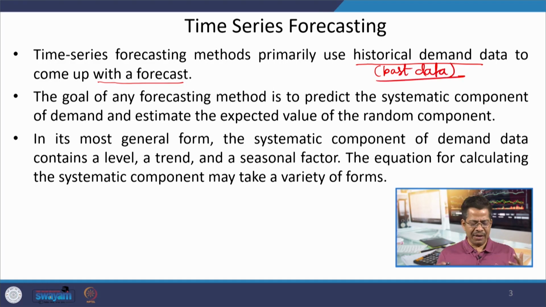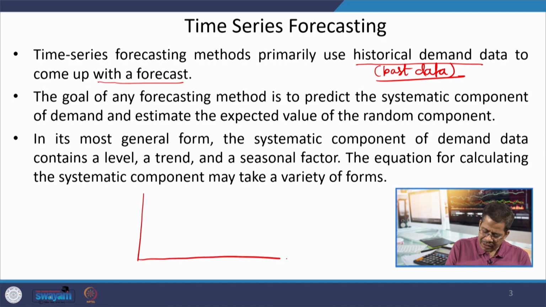So, whenever you have any kind of past data, let us say I am giving you some indication that this is period 1, period 2, period 3, period 4, period 5.